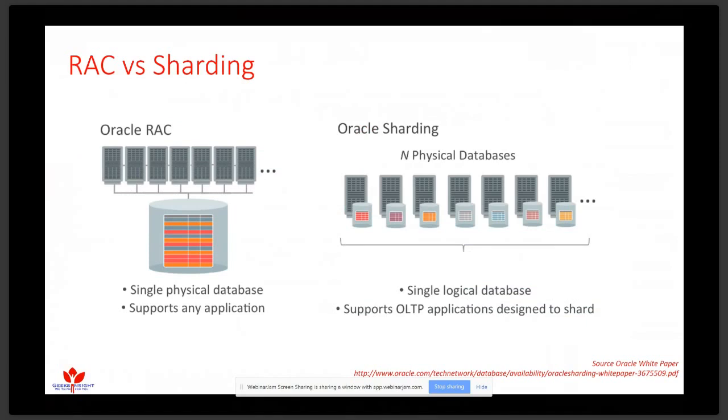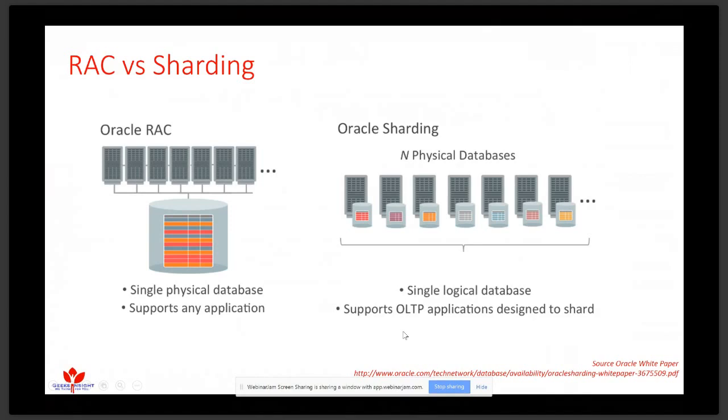So comparing Oracle RAC and sharding, Oracle RAC is basically a single shared disk architecture having multiple nodes access the same database. Whereas in Oracle sharding, the databases are partitioned across nodes, all the tables are partitioned across the nodes, and each node acts independently and together represents a single logical database.